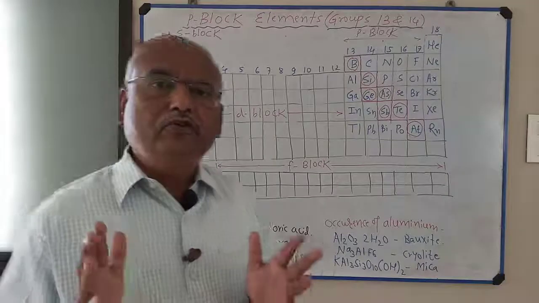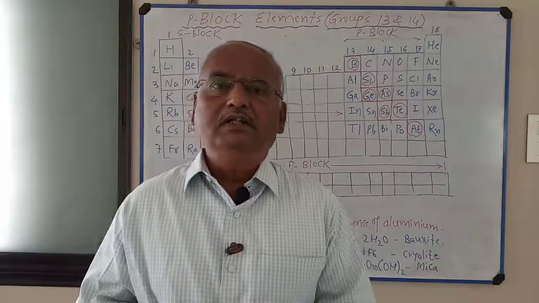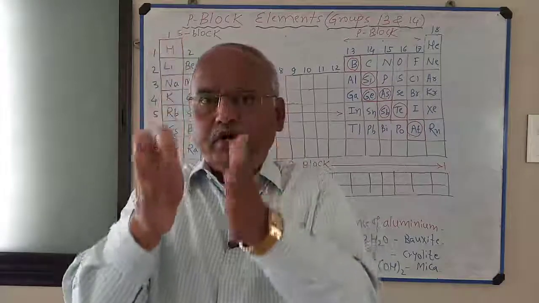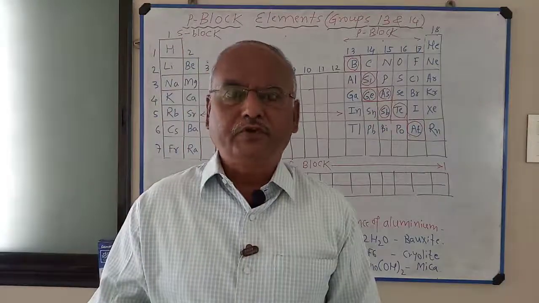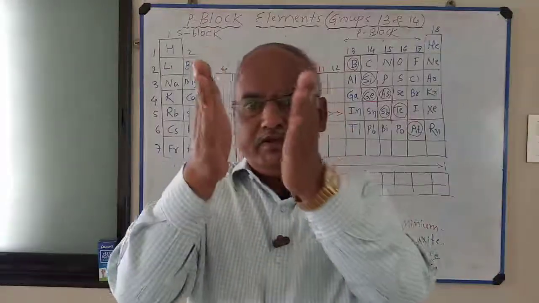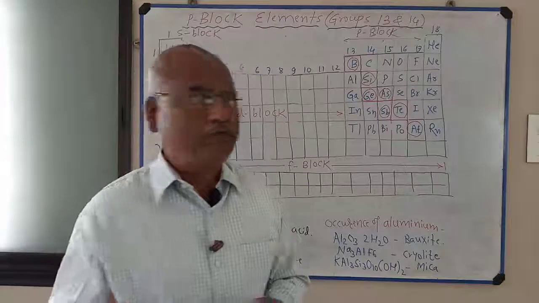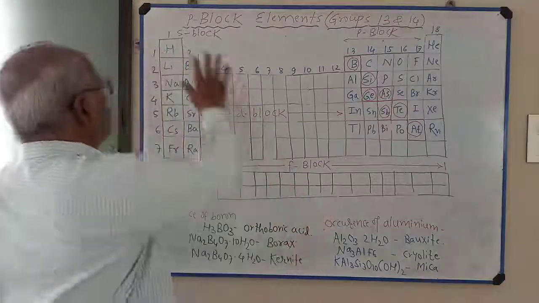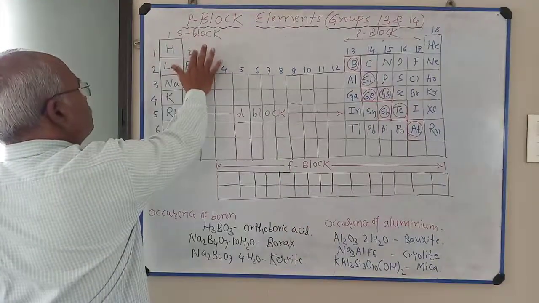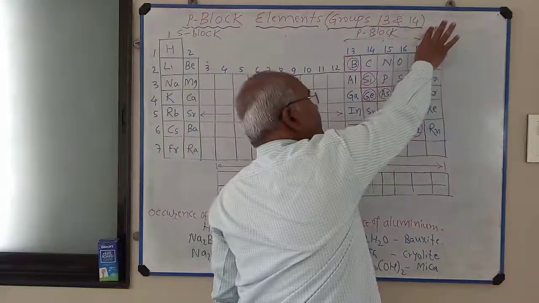You know that in the long form of the periodic table there are 18 vertical columns known as groups. I have shown here group number 1, 2, 3, like this group number 18.